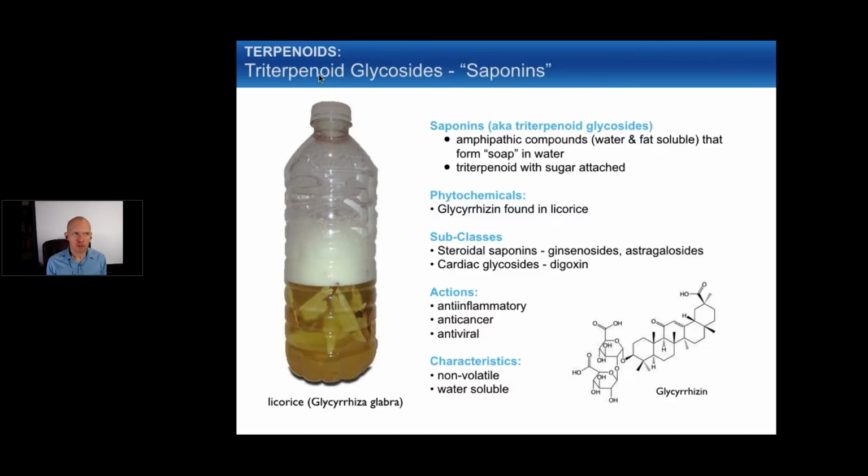And so if you're trying to extract phytochemicals that are fat soluble, and you're trying to use mostly decoctions, water-based extraction processes, licorice might help act as a soap to help dissolve some of these compounds to get them to go into the water better. So licorice is an example of an herb that could help other phytochemicals go into solution.